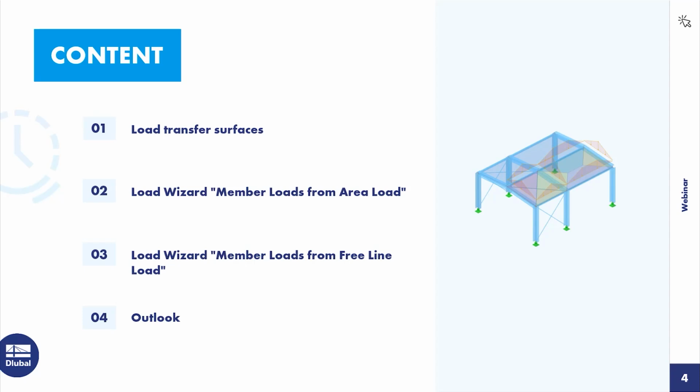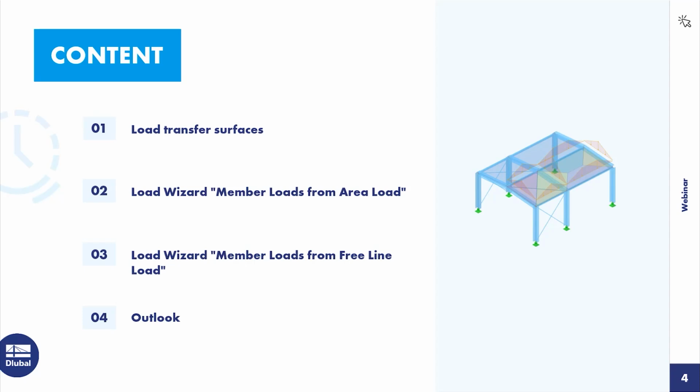But I also want to show you the 2 load wizards, which have the possibility of load transfer. These are the load wizards Member Loads from Area Load and Member Loads from Free Line Load. Last but not least, I would like to give you a small outlook on planned features in connection with the load transfer function.